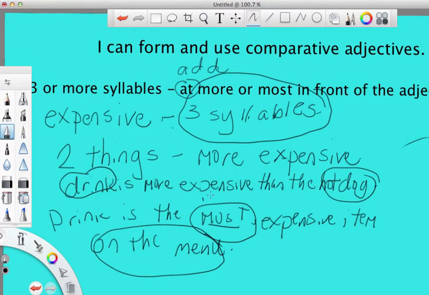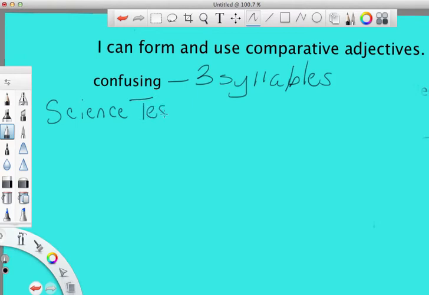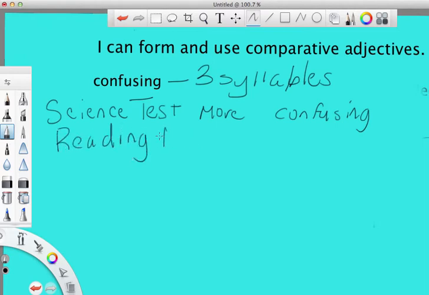Let's just look at two sentence examples. Let's look at the word confusing. Confusing has three syllables. So if I was going to say the science test was more confusing than the reading test, I've got two things, and I use more.